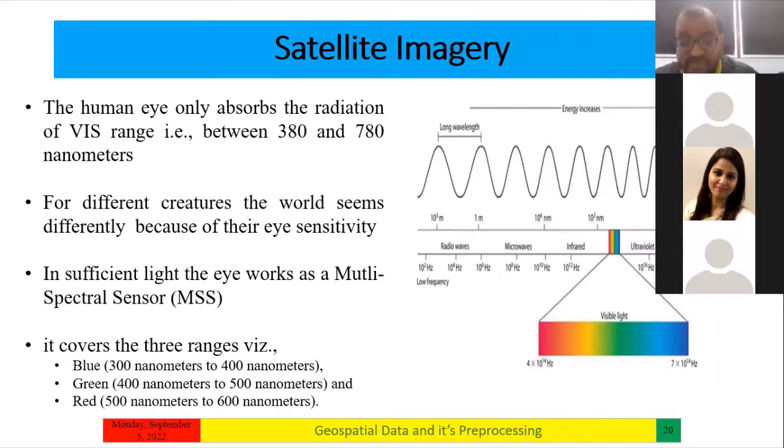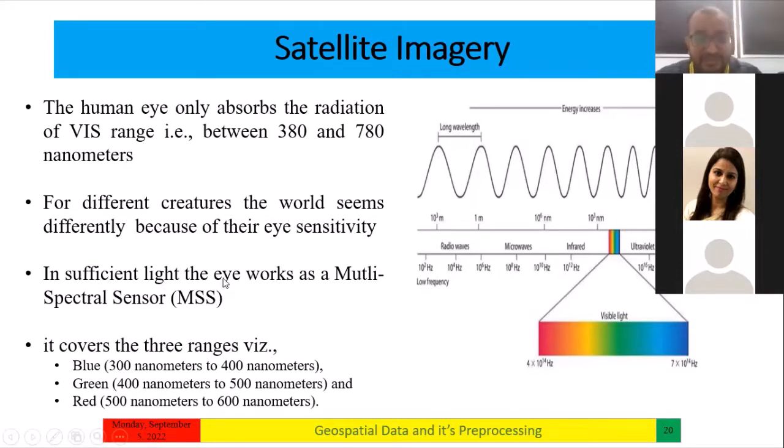For example, the sensing capability of humans is entirely different from that of a dog or an amphibian or any of the other creatures. Whatever RGB colors we are able to sense, the similar sensing property is not there for other creatures.